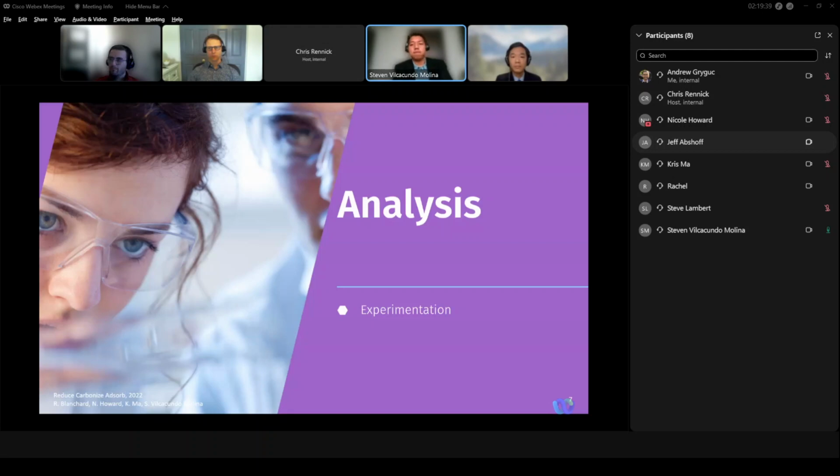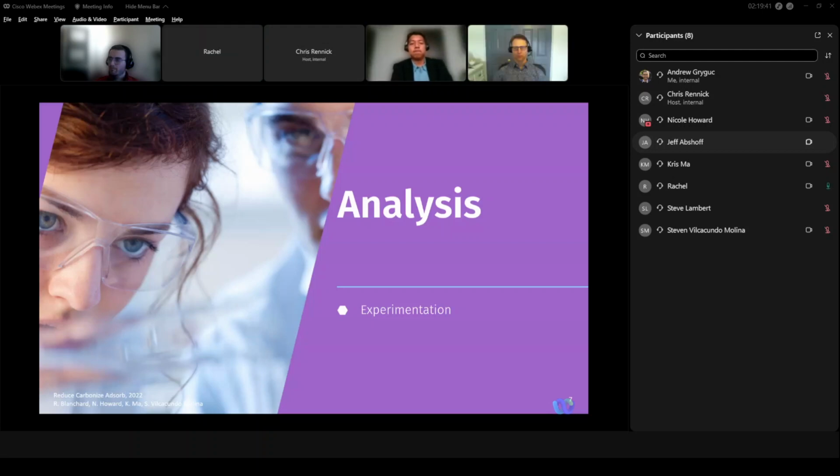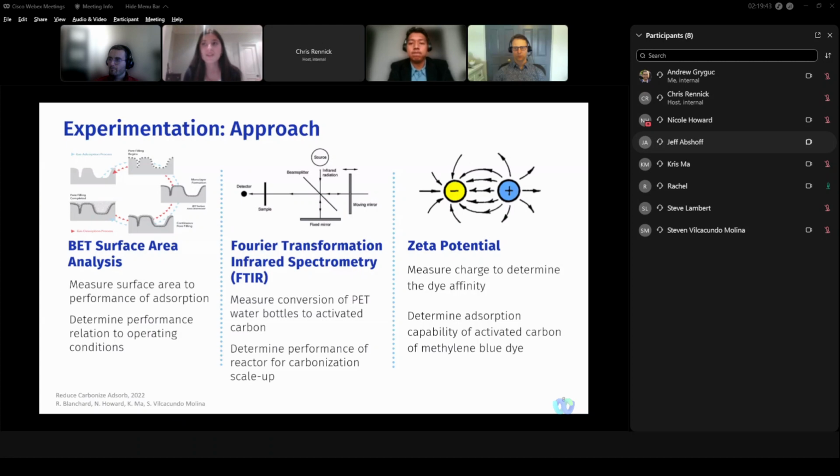Thanks, Steven. So next I'm going to talk about the experimental analysis. To assess our product as a dye absorbent, we carried out some tests to validate the performance and cost of our process. First, we used BET surface area analysis as an indication of the key performance property of surface area, which is theoretically directly related to absorptive properties.